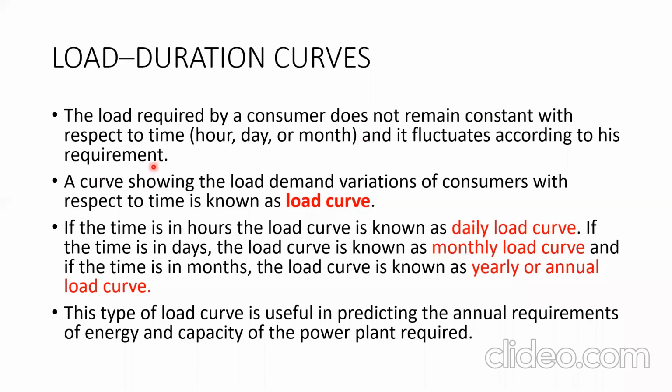If you consider a case in your own home, for some time you switch on the TV, after some time you switch off the TV and switch on some other load in another room, for example a fan, light or laptop. Means they are not continuously running. The switching on and off of various loads is happening.